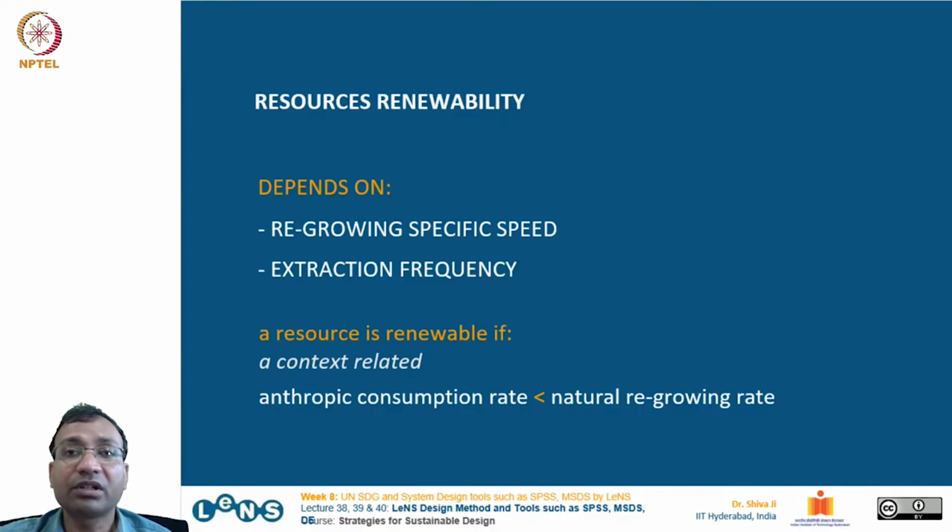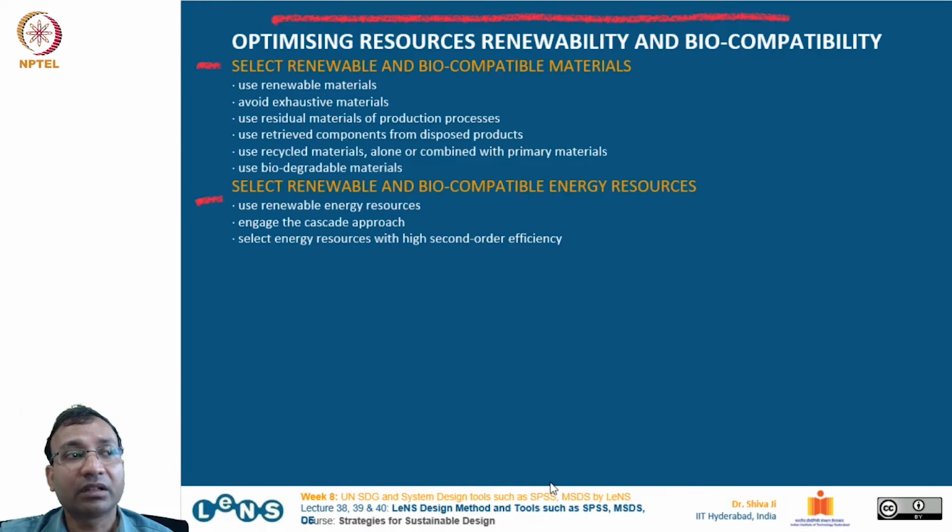Our consumption, as we discussed in one of the previous lectures, the biocapacity and the overall footprint of growth and development, should not exceed the biocapacity. Well, most of the products in today's time are doing that. So how can this consumption rate be lowered, compared to the natural regrowing and replenishment rate? That is the thing we are talking about over here.